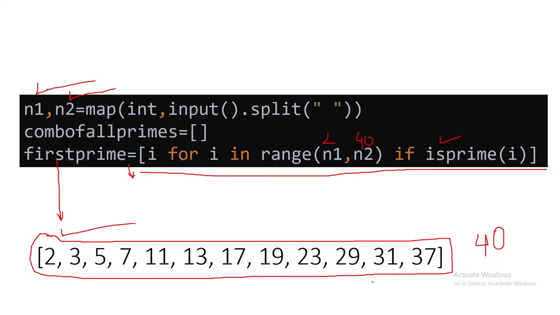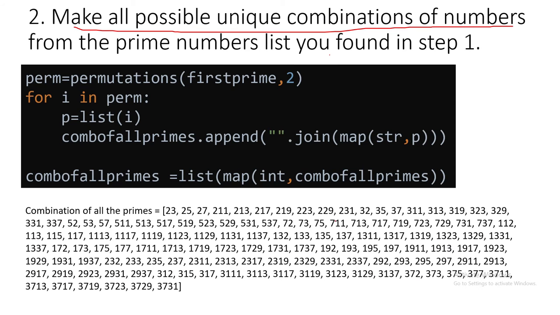Why we are using permutations here is because if we use combinations, we'll get numbers like 1937, that is 19 and 37. For combinations, 19 comma 37 is the same as 37 comma 19, so we will not get two different numbers.